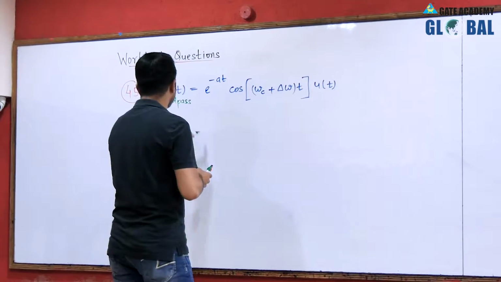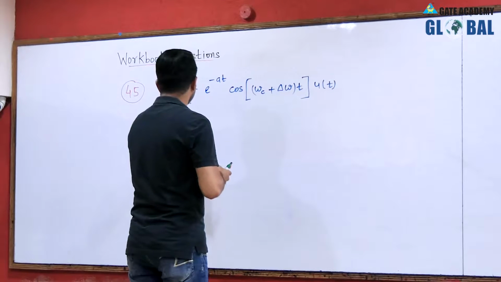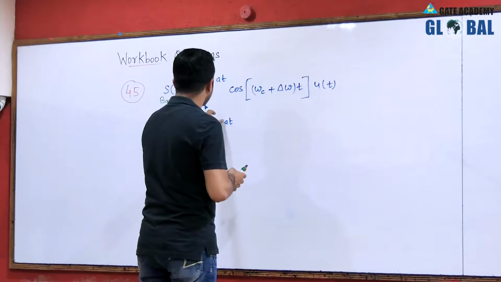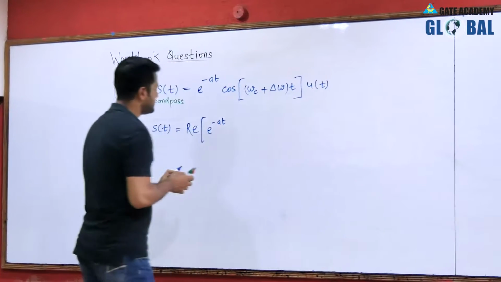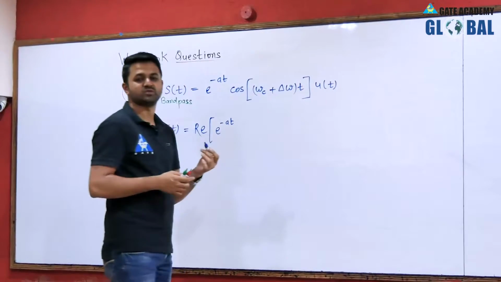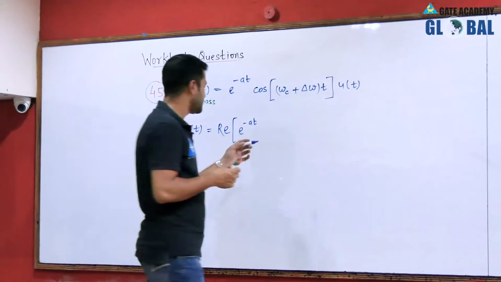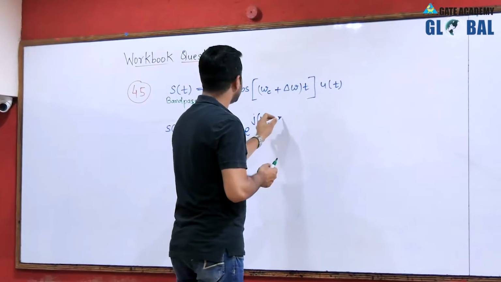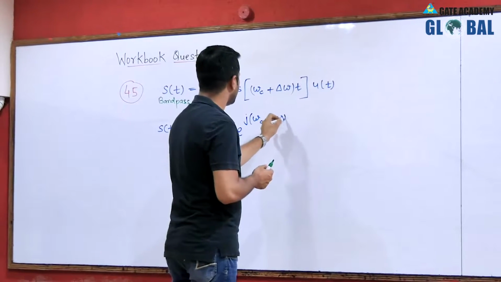If I represent it in the form of an exponential term, then this band pass signal s of t can be written as real part of e to the power minus at, which is already exponential, so it will remain as it is, times e to the power j (omega c plus delta omega) t.